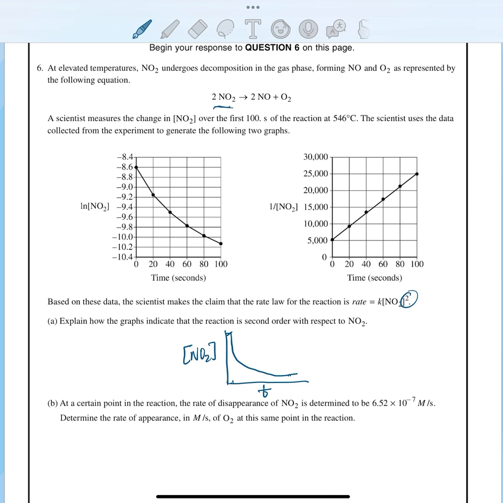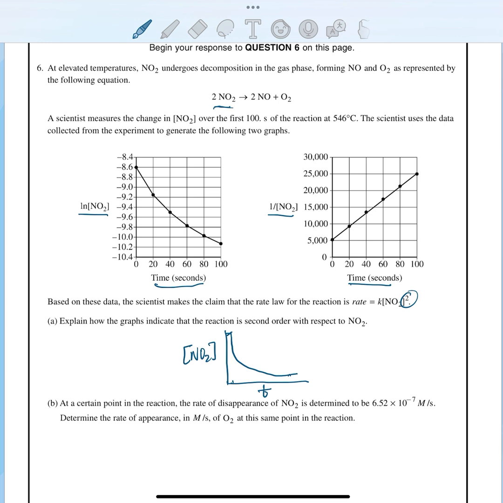We see the same pattern here when we take the natural log of the concentration of NO2 versus time. And then when we do 1 over the concentration of NO2 versus time, this will follow a linear pattern. That is true for a second order reaction.